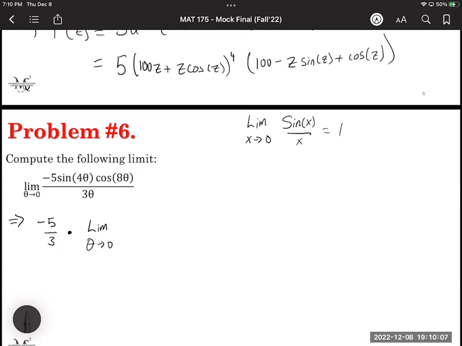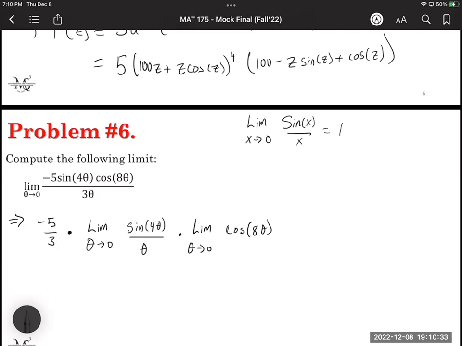So we say limit as theta approaches 0 of sine 4 theta over theta times the limit as theta approaches 0 of cosine 8 theta. In other words, I'm basically disassembling this one limit problem into multiple parts. I remove the constant multiple.